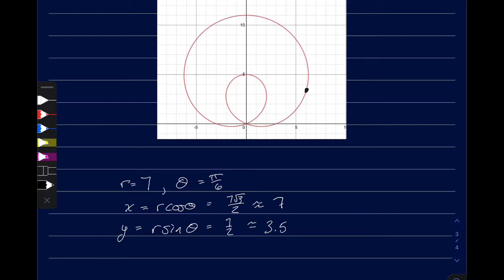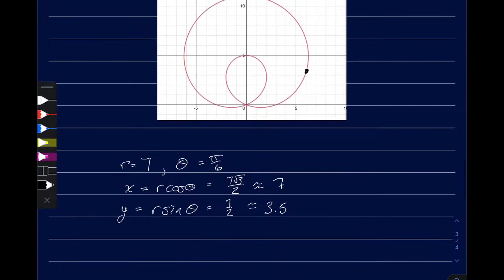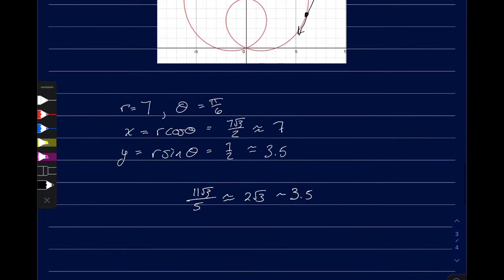So we are right at this point on our graph, and we said that dy/dx was 11 square root of 3 over 5, and that is about 2 square roots of 3, which is, give or take, 2 times 1.7, so that's about 3.5 as well. And if we were to draw the tangent line here, we would see that our slope is about 3.